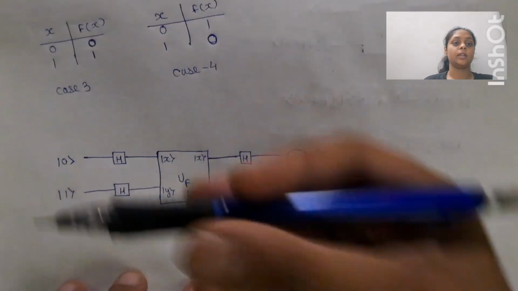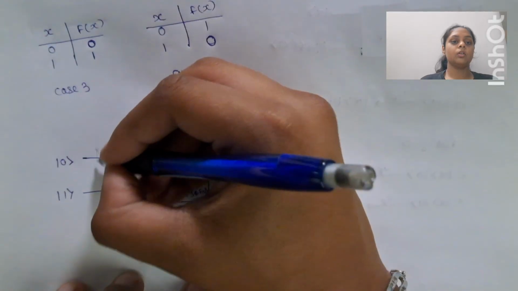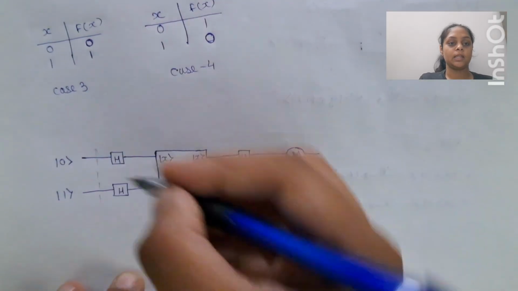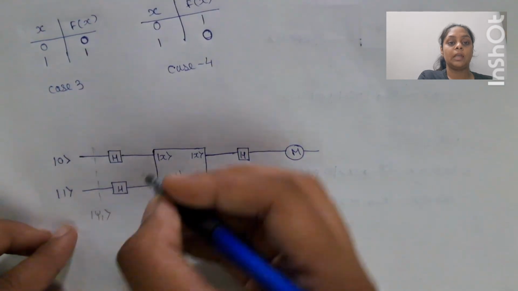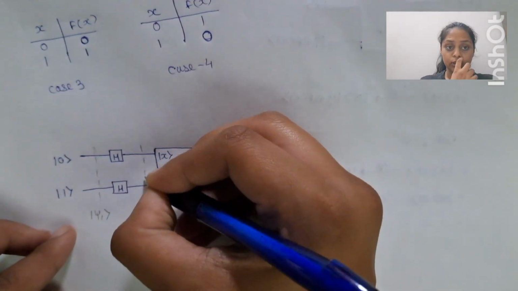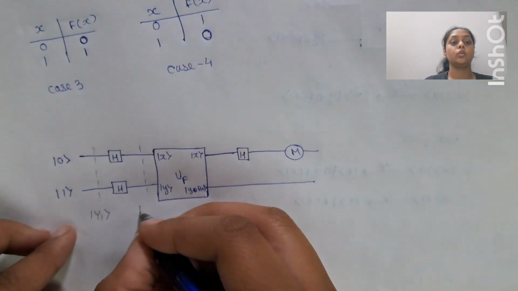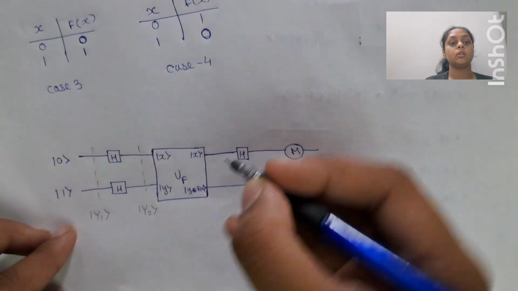The first stage is called as |psi 1>. The second stage is called as |psi 2>.